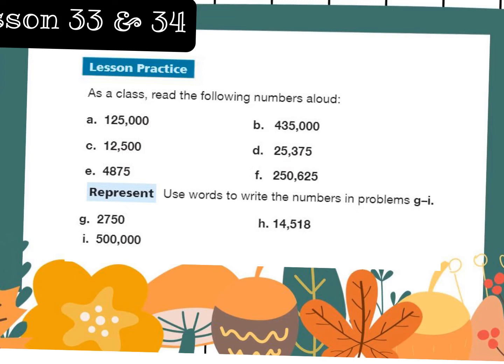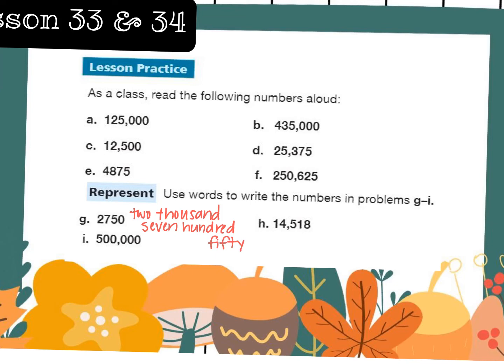Okay, so use words now to write the numbers in problems G through I. So for letter G, I'm going to use words and I'm going to spell out 2,000. 2005? 700. Oh, 700. And 50? No, just 50. 750.